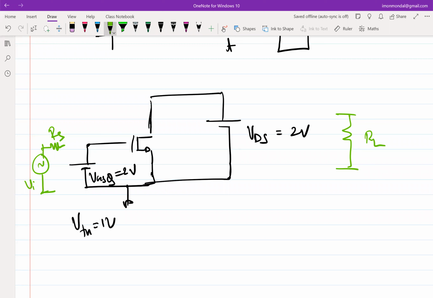Note that I have to connect the input between gate and source, for the incremental analysis. Forget about analysis; analysis will come after synthesis. After you make the circuit, after you design, then you do analysis. So how do you design? How do you apply an input?